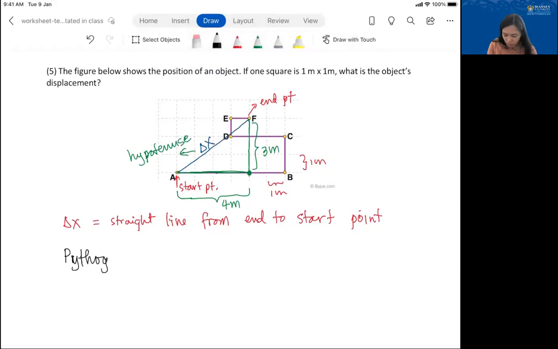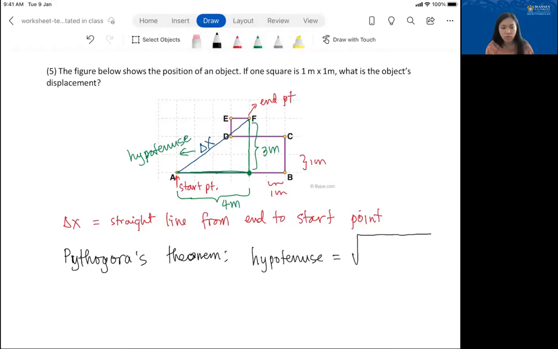So Pythagoras theorem gives you the relationship between the hypotenuse and the two other sides of a right-angled triangle, right? The hypotenuse of your right-angled triangle is equal to the square root of the horizontal side squared plus the vertical side squared.